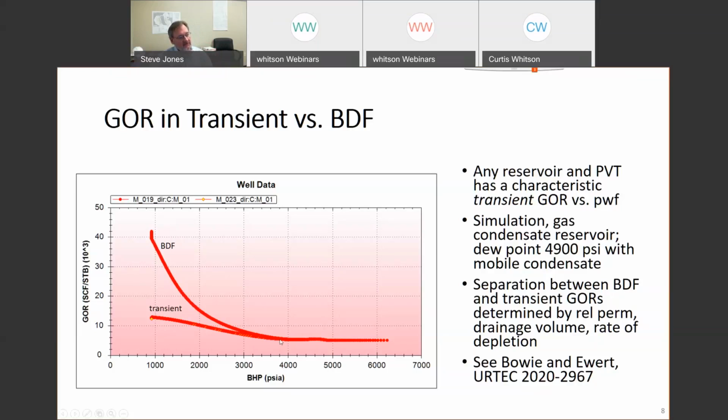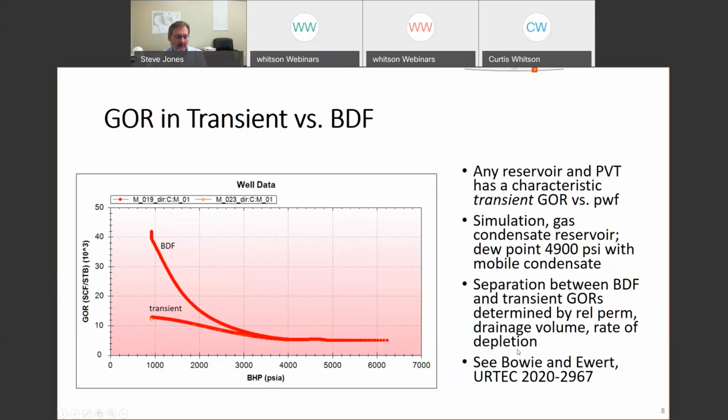So even in transient flow, when you get below the dew point, your yield is going to fall, and your GOR will go up. But if you're in boundary dominated flow, the yield will fall even further, or the GOR will rise even further. And that separation between a transient GOR and a boundary dominated GOR is telling you something about the size of the reservoir.